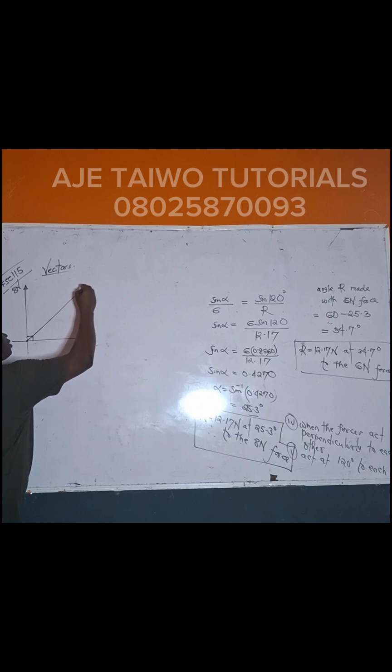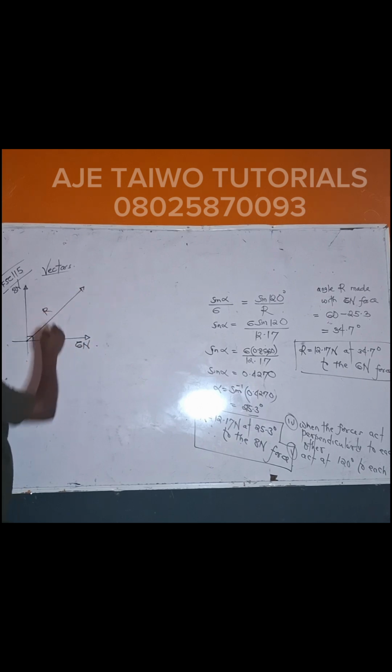Watch. The resultant is always at the point of intersection of the line of action of the 2 forces. This line of action and this line of action intersect here. That is the point you will draw your resultant from.